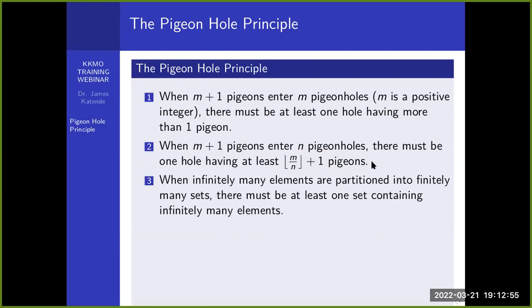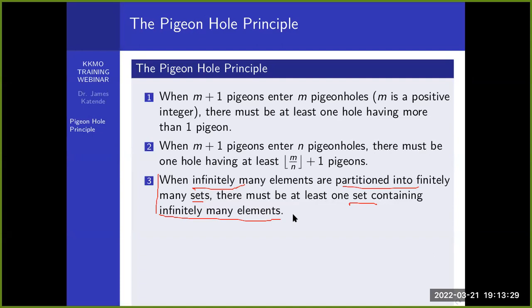Then there's one more statement: if you have infinitely many elements and you partition this infinite set into subsets, then there must be at least one subset containing infinitely many elements. We may not use this third one.